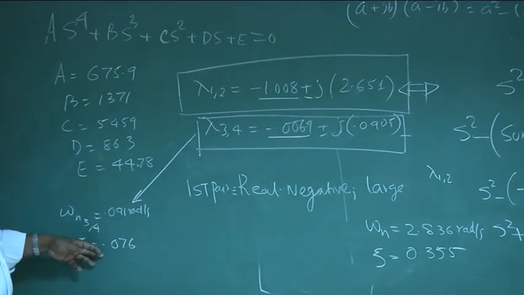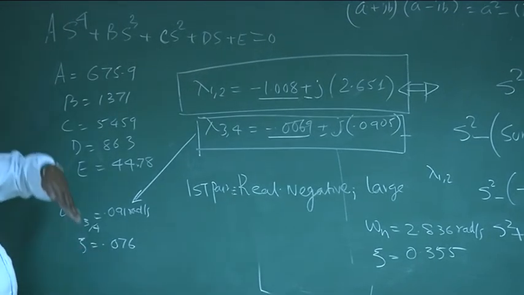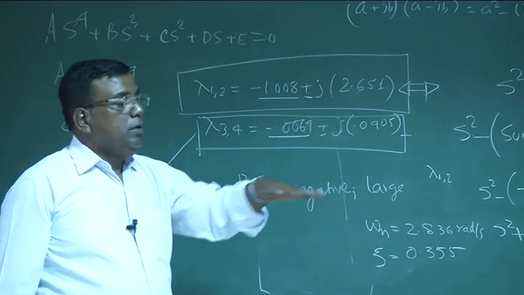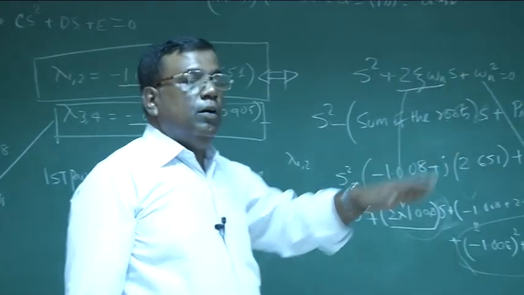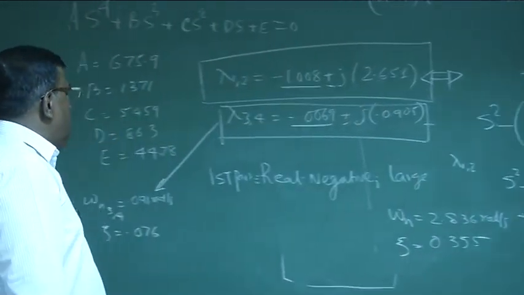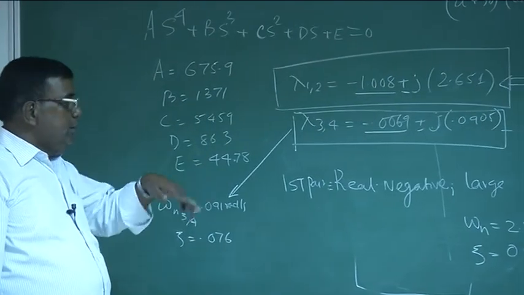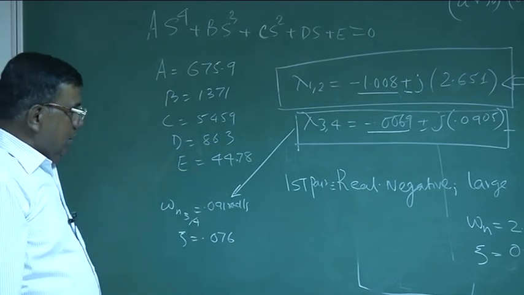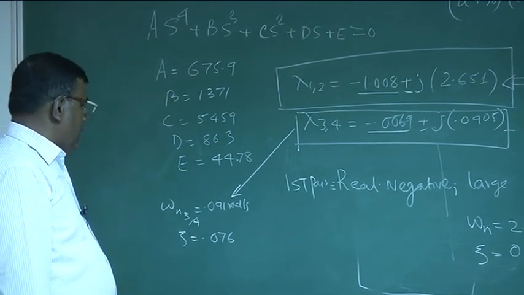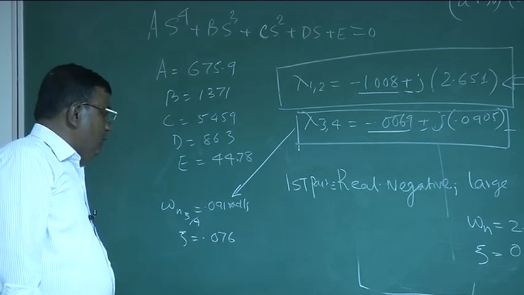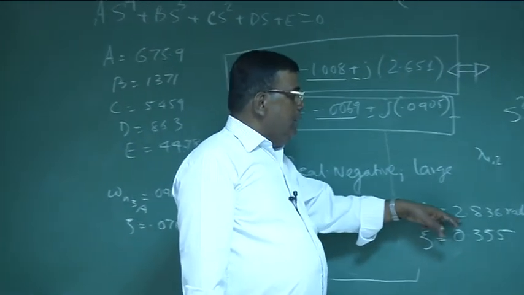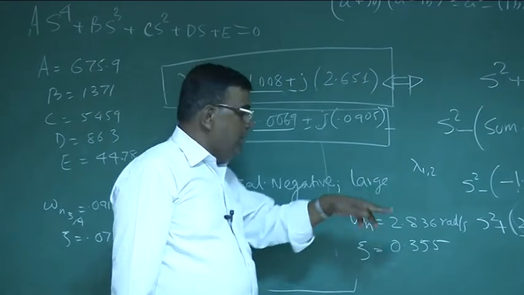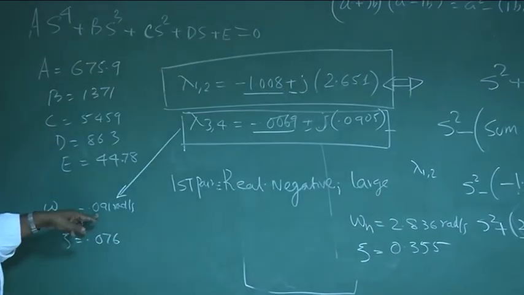That is why the second is called the phugoid mode, the long period mode. It goes on converting kinetic and potential energy among each other, and then there are losses, and it comes back to equilibrium. The first one is simply damped out. That's why zeta is 0.355 compared to 0.076. The same thing is reflected in omega: the short period omega n is much larger than omega n phugoid.